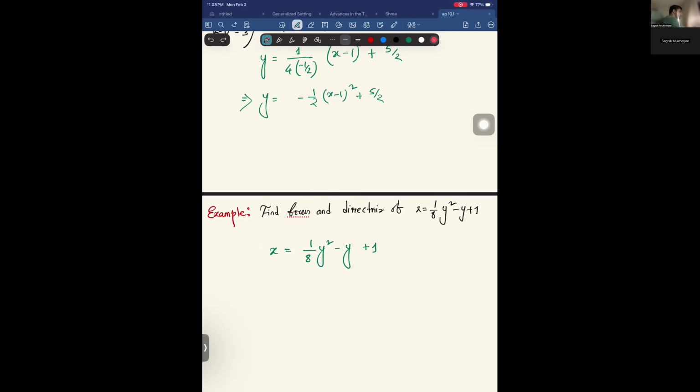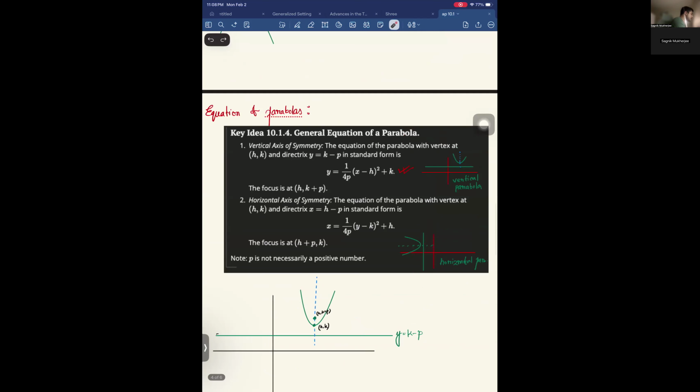That means the directrix is parallel to the y-axis, meaning we are now dealing with a parabola that looks like this. See, in this equation, if you expand, it is 1 over 4p times y squared minus 2ky plus k squared, plus h, right? So this is a quadratic in y.